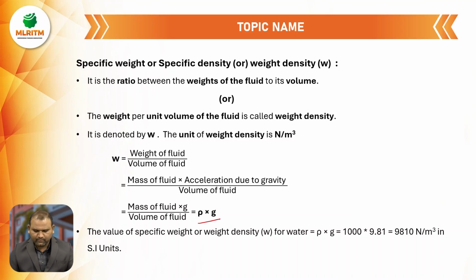The value of specific weight or weight density for water, rho into g, is equal to 1000 into 9.81, which is equal to 9810 Newton per meter cube in SI units.